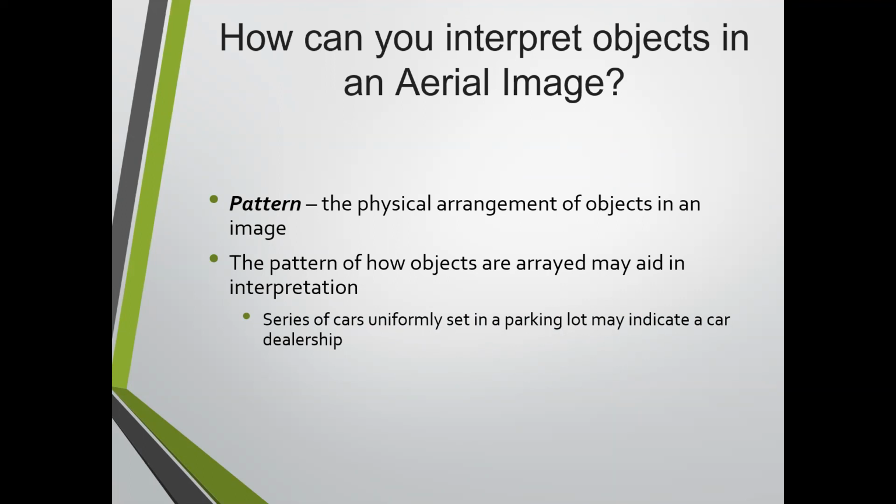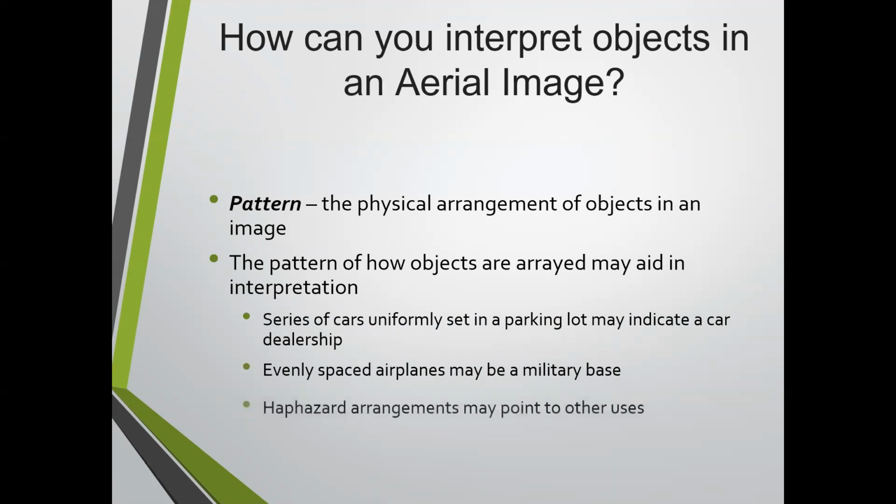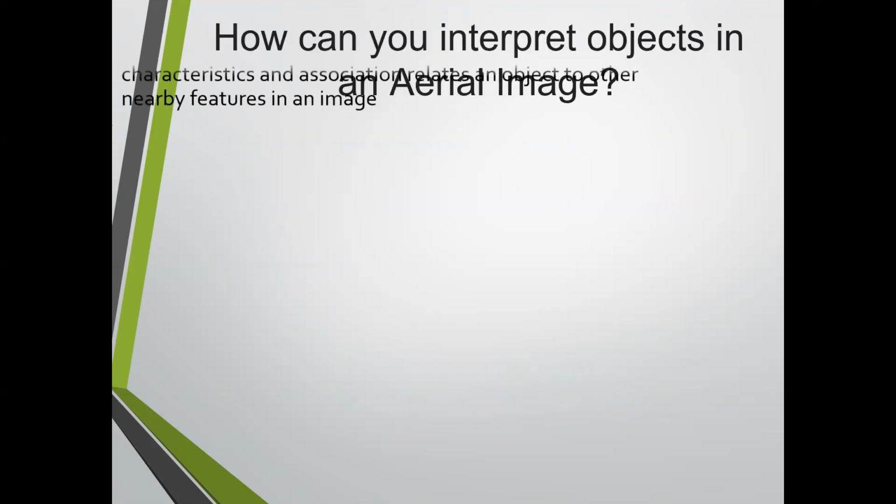One could be a car dealership, or it could be a sporting event area where you've got cars parked in that parking lot. Evenly spaced planes on an airstrip might be an example of a military base. Haphazard arrangements may point to other things as you get into it.